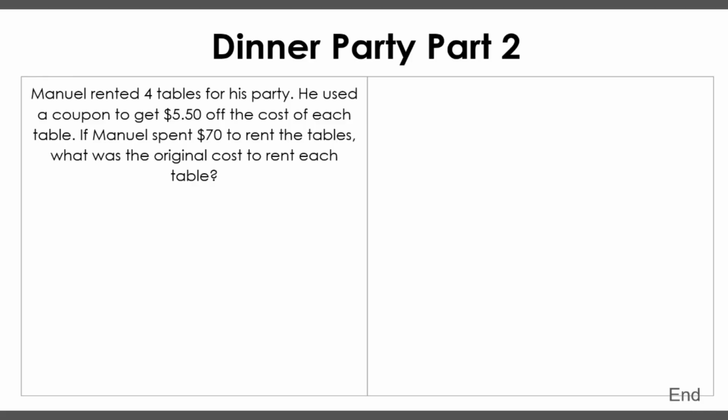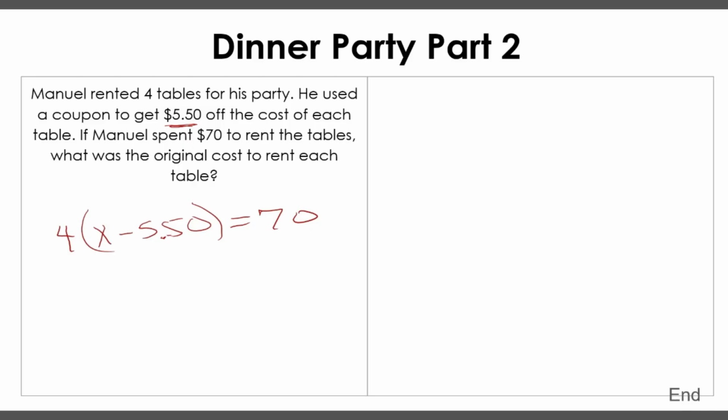So I know each one has a $5.50 coupon. So I'm going to say X, the table cost, minus $5.50. I know that I have 4 of them, so I have to do this 4 times in order to equal what he paid. So we have to simplify this 2-step equation.